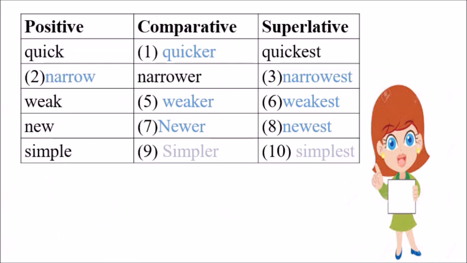Let's check your answers with this. Quick, quicker, quickest. Narrow, narrower, narrowest. Weak, weaker, weakest. New, newer, newest. Simple, simpler, simplest.